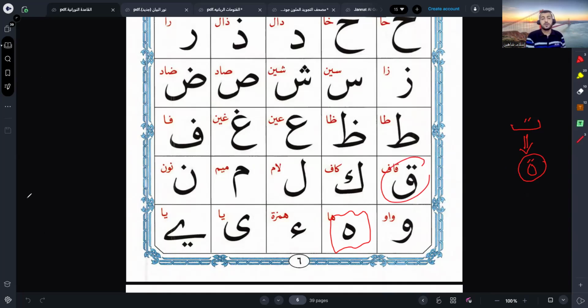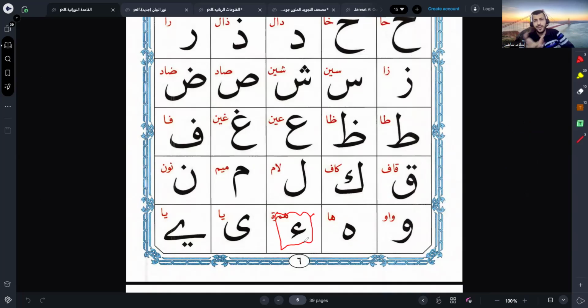Okay, the next one is the one that gives the a sound in Arabic, which is the hamza. You're going to ask me, how about alif? You told me last time alif is an A letter in English. But as we said last time, at the beginning I told you we're going to consider the hamza and the alif as two different letters.